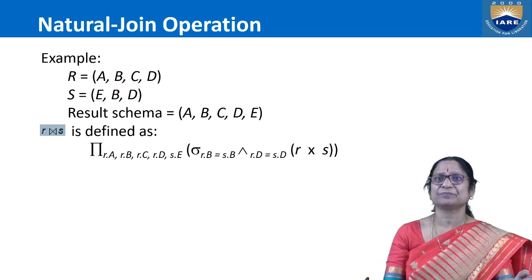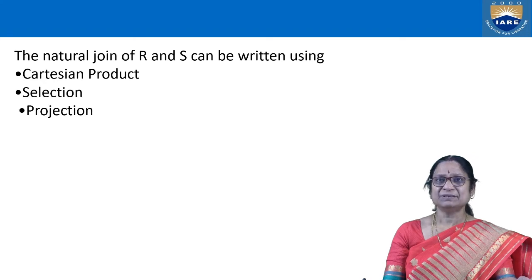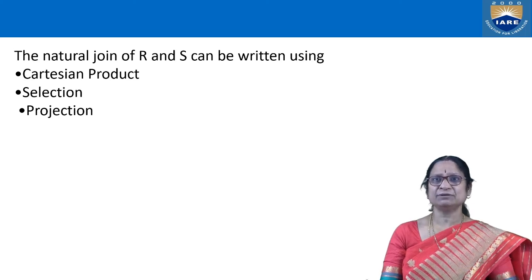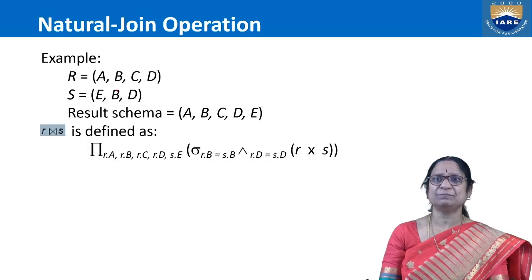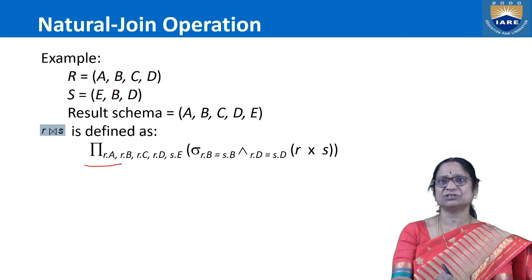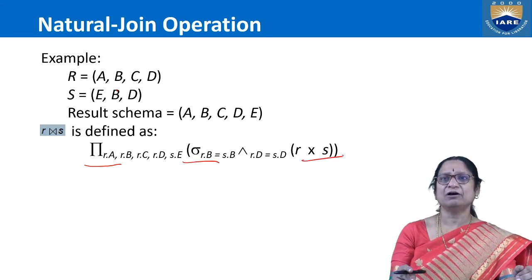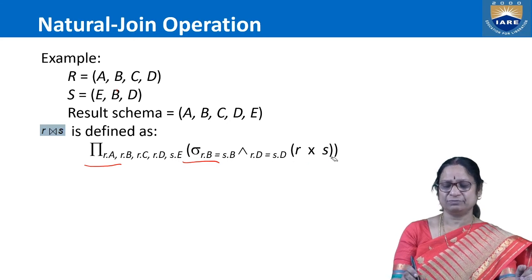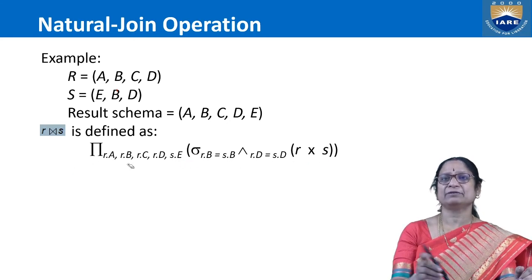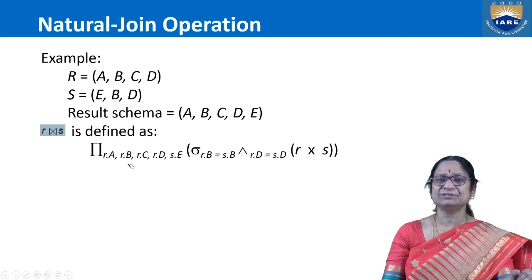So that's why the natural join of R and S can be written by using three basic operators: Cartesian product, selection, and projection. You observe, this is projection, this is selection, and this is Cartesian product. All these three are considered common basic operators. By using these three basic operators, we defined our join.